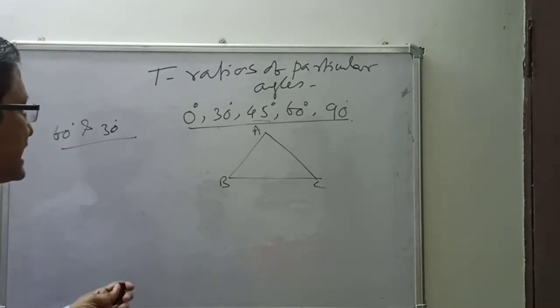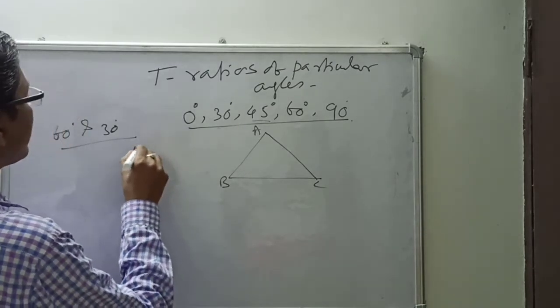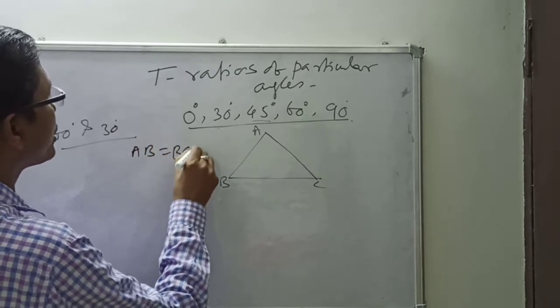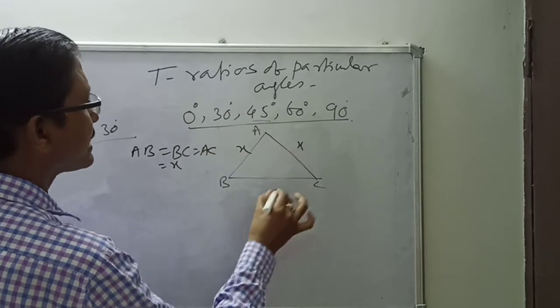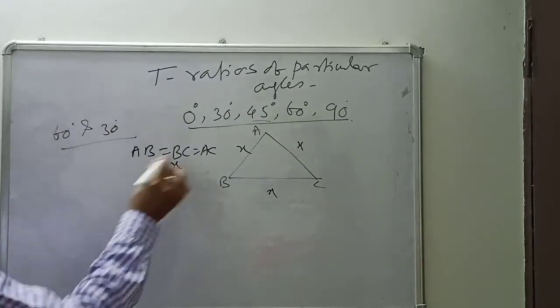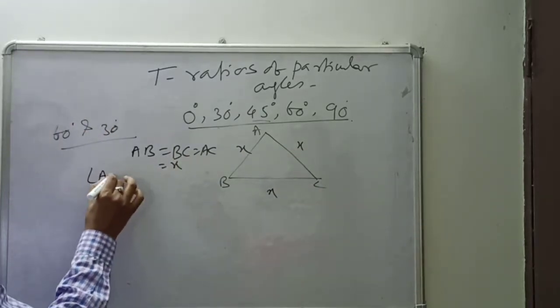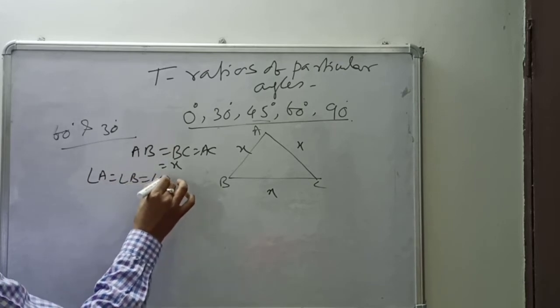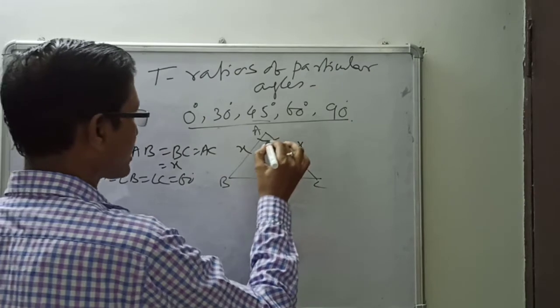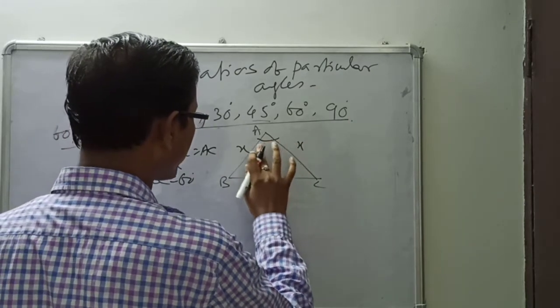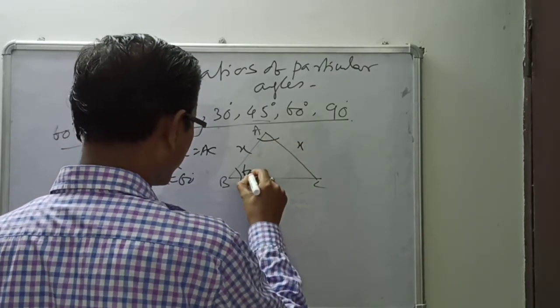Then we can say it is an equilateral triangle. Suppose AB equals BC equals AC, that is x. So since these are all equal, angle A, angle B and angle C will all be equal to 60 degree.